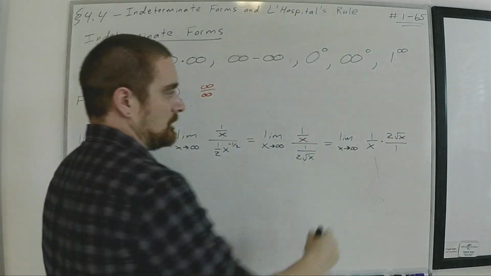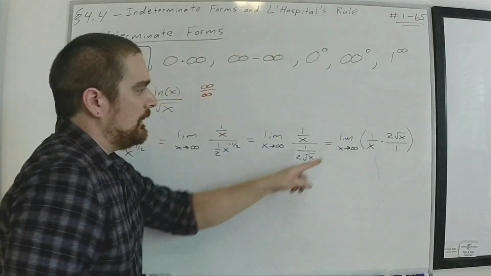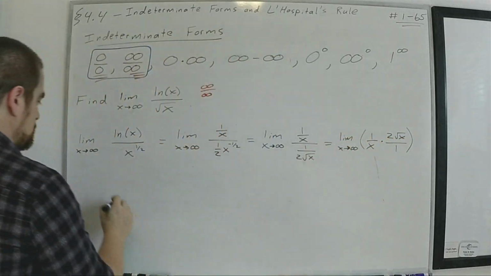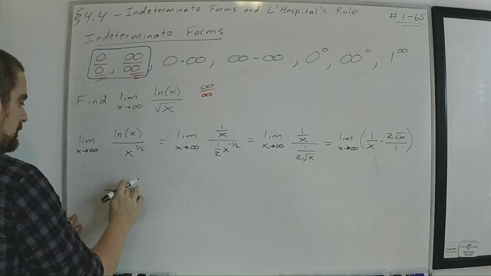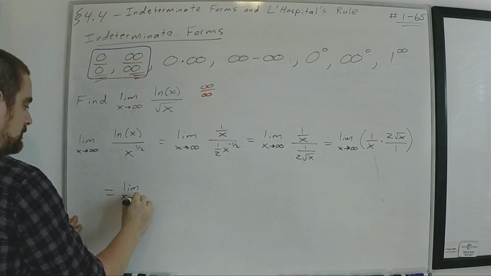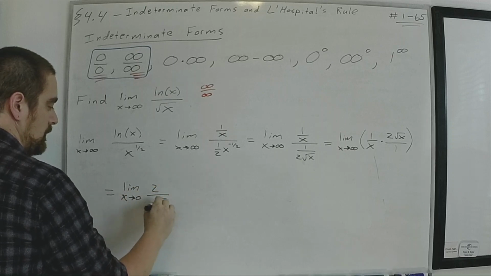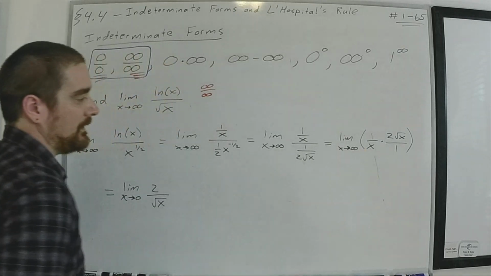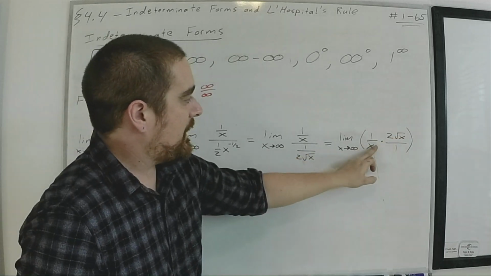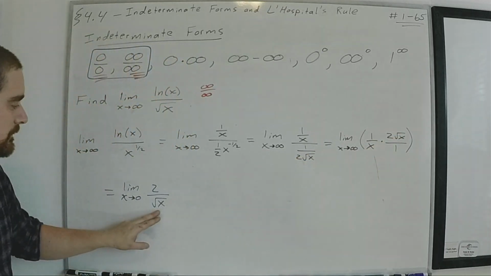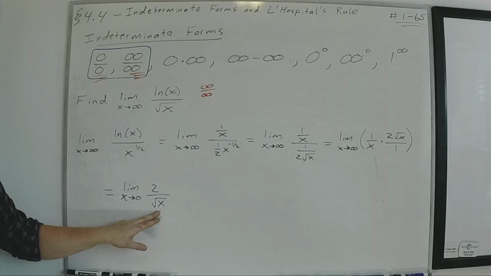So that I can look at this and say, well, I have 2 square roots of x in the numerator. So the limit as x goes to infinity of 2 square roots of x over a whole factor of x in the denominator. That's x to the 1/2. That's x to the first power. So I'm just going to be left with square root of x in the denominator.